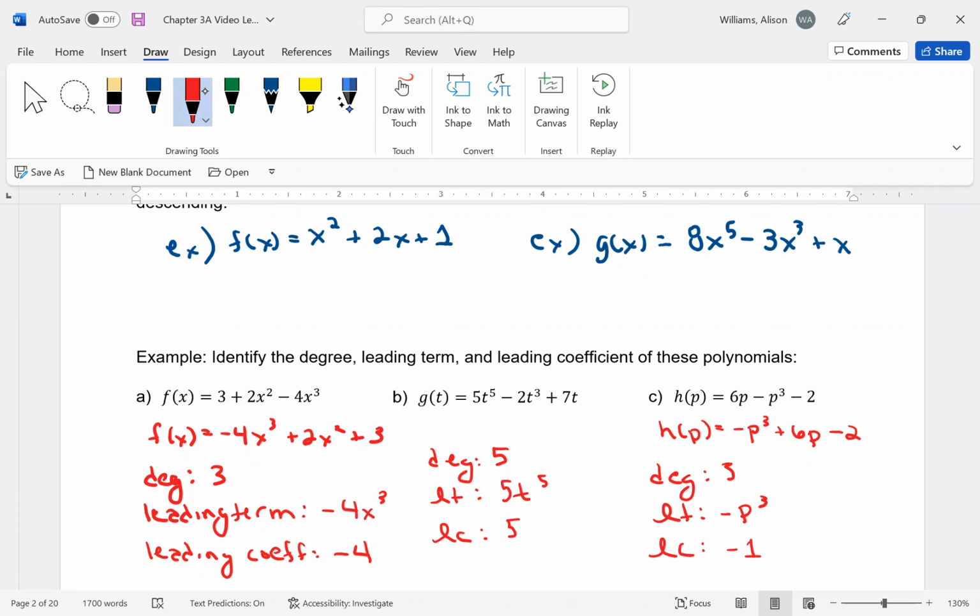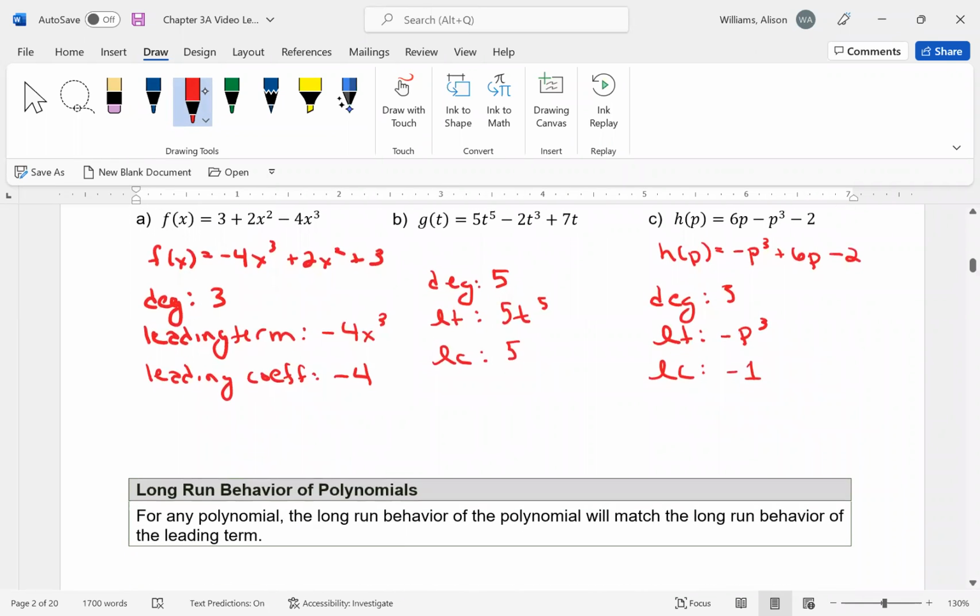All right, so let's apply the long run behavior that we talked about with power functions to polynomials. For any polynomial, the long run behavior of the polynomial will match the long run behavior of the leading term.